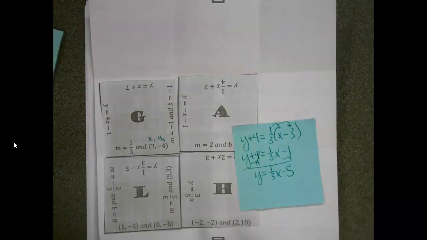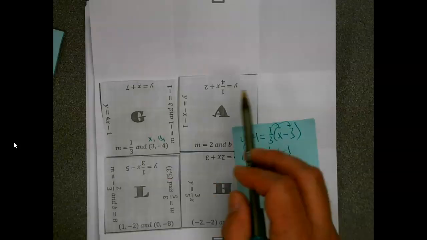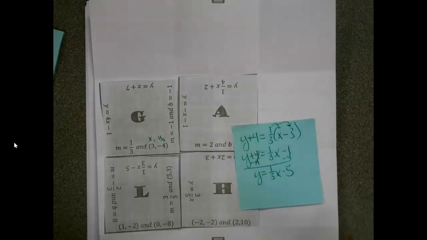This looks good because the slopes are the same and they just went together from me doing another one. Now, does that mean for sure I'm right? Might I want to plug this into point slope just to be sure? Maybe. But otherwise, I might just assume that that one's right and then just kind of keep going. So maybe I jot in the corner of my paper, okay, G, A, L, and H. They're going to make a little square somewhere here.